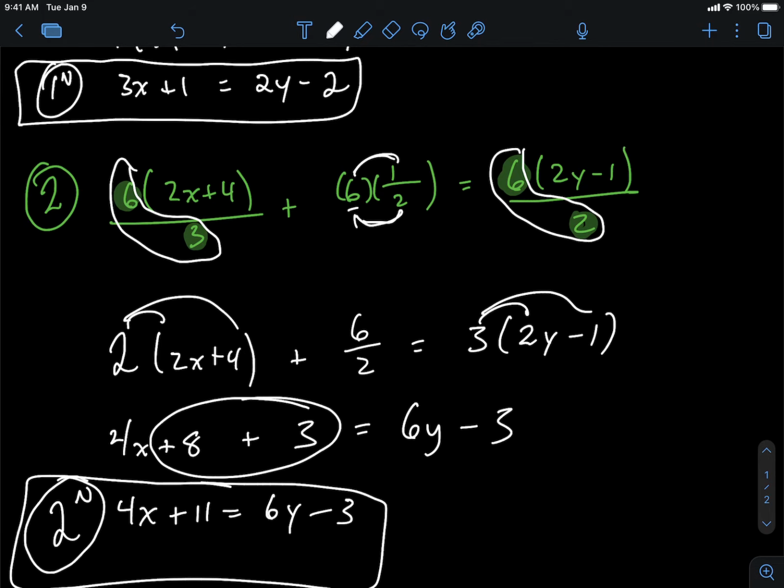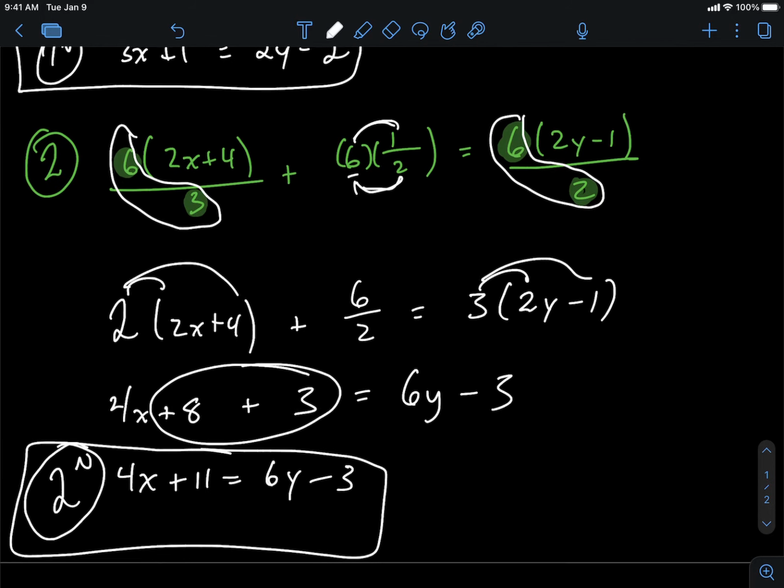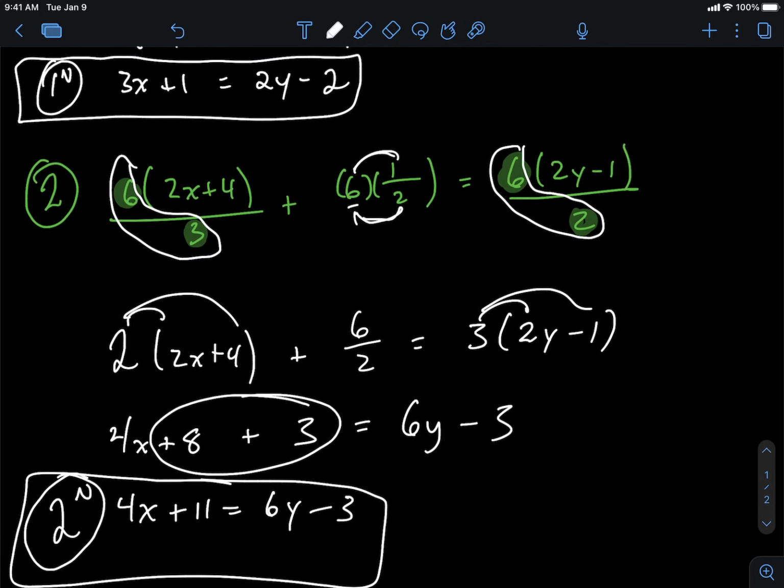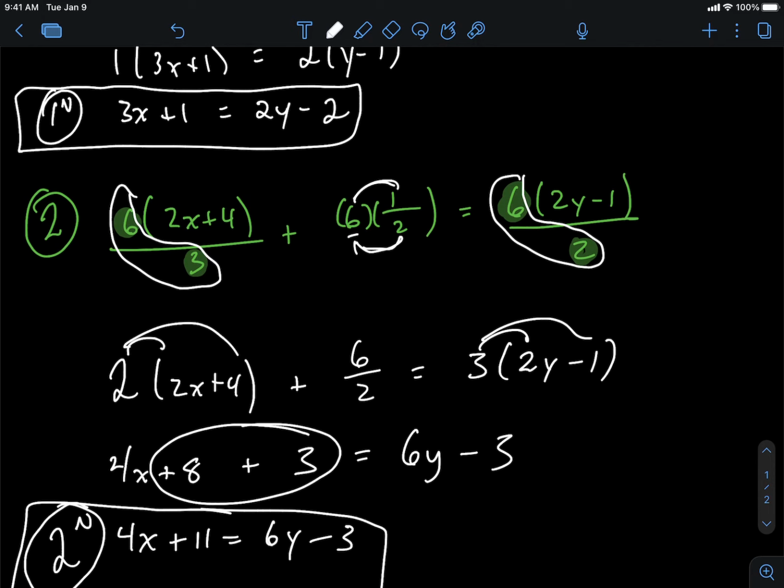I might choose to clean them up one more step before doing any substitution or elimination. But it looks like it's not bad, right? Maybe we'll bring number 1 down. We'll copy it here.